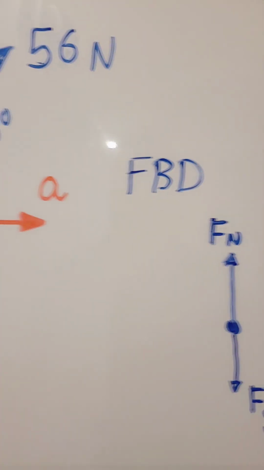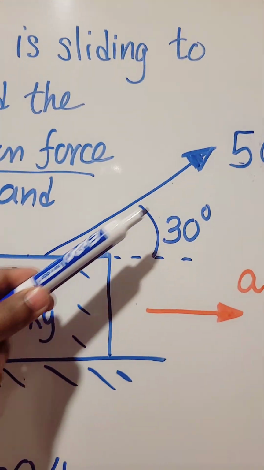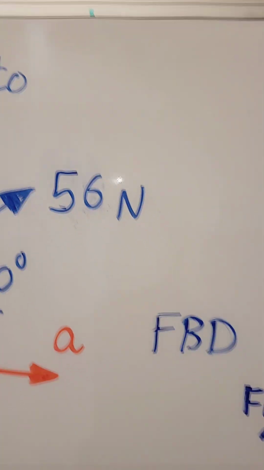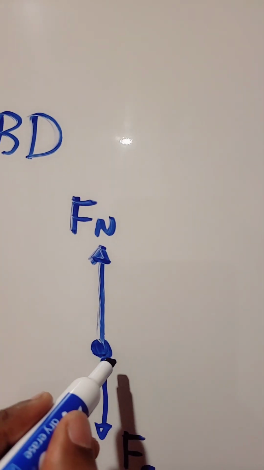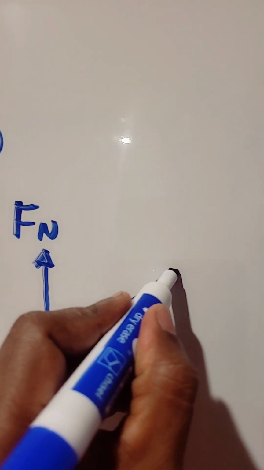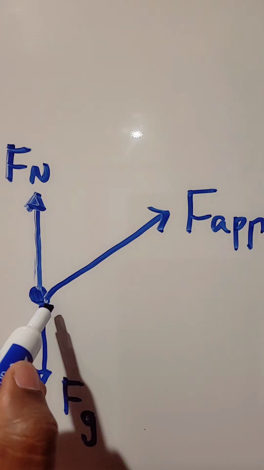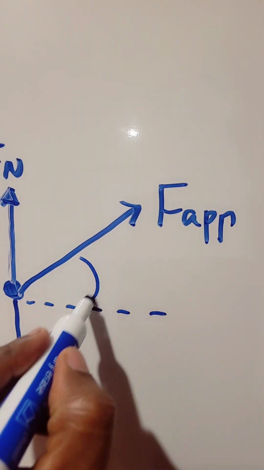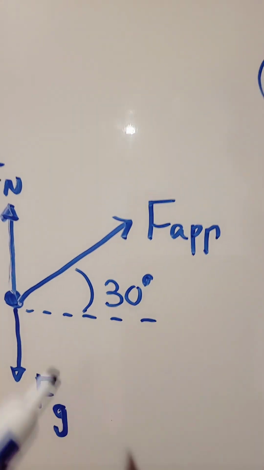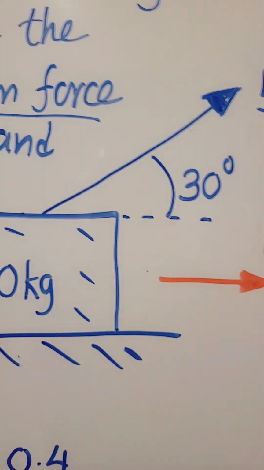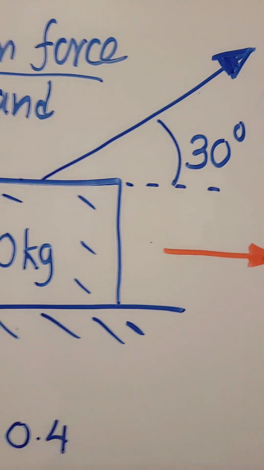Okay, and then there's an applied force. Even though a number is given as 56 newtons, I'm just going to denote that as F applied. And that's going to make an angle with the horizontal, 30 degrees. Now, because of this applied force, the object tends to move to the right.